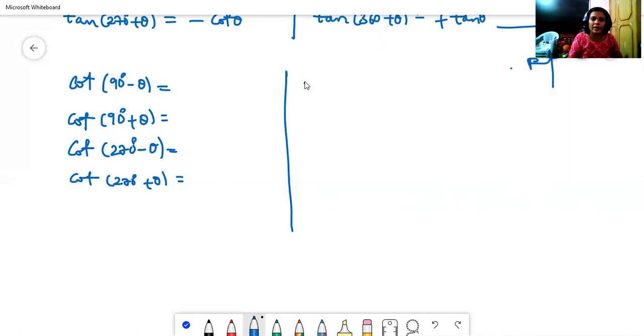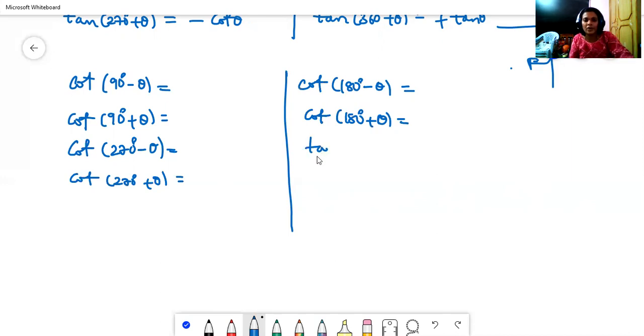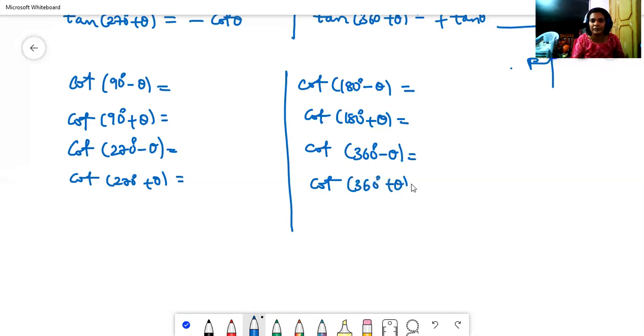Cot of 180 degrees minus theta, cot of 180 degrees plus theta, cot of 360 degrees minus theta, cot of 360 degrees plus theta.